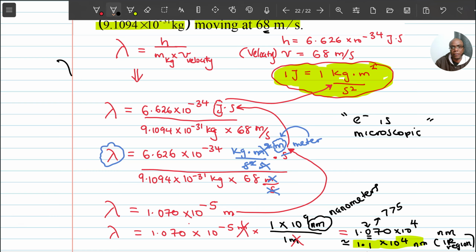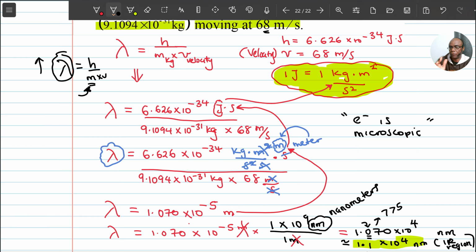You see, in the de Broglie equation, wavelength equals h over mass times velocity. So if the mass here is very small, that would tell you the corresponding wavelength is going to be very high. And if the wavelength is high, then you have a microscopic property of that particle or matter, which is an electron.